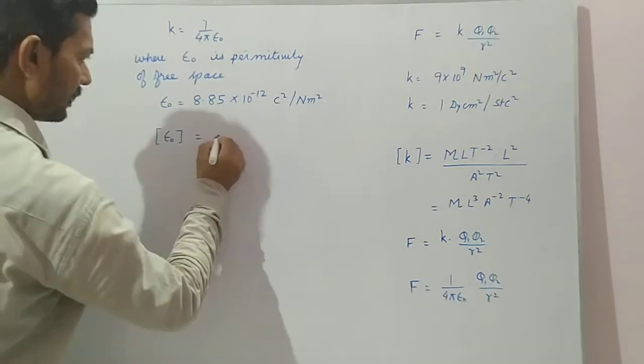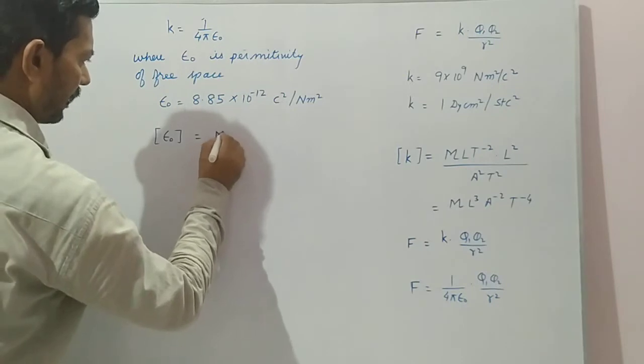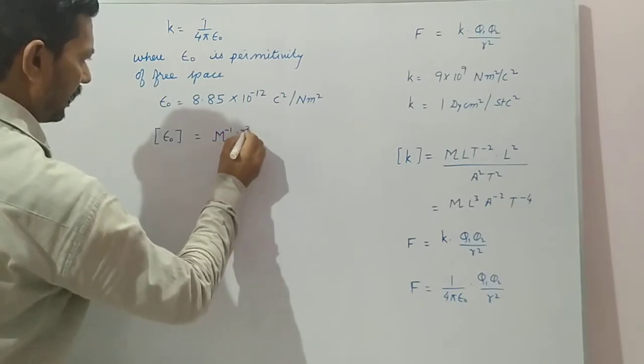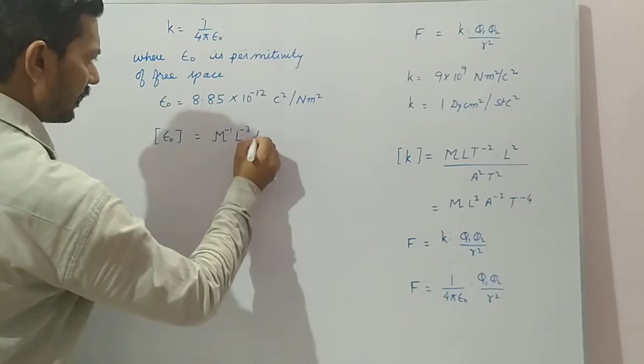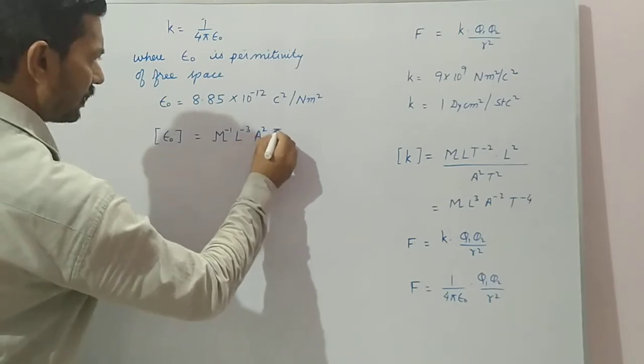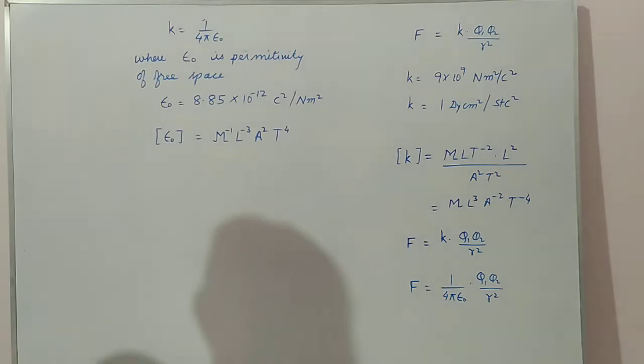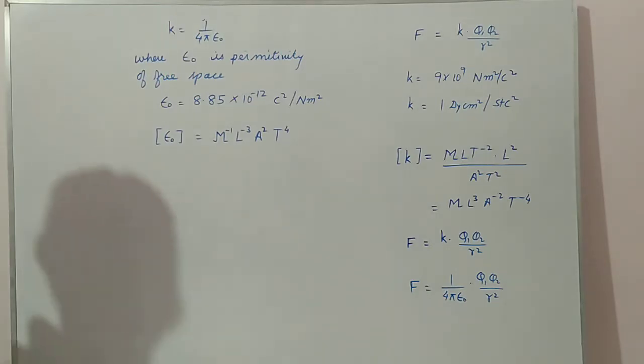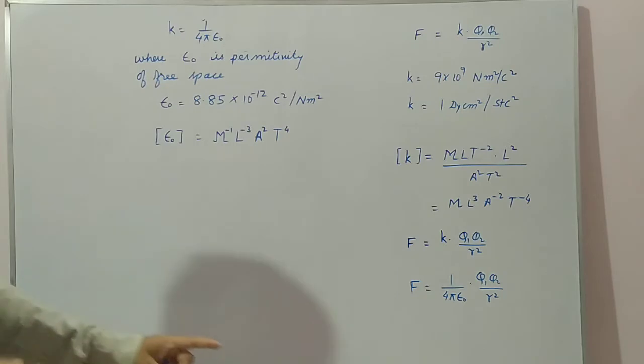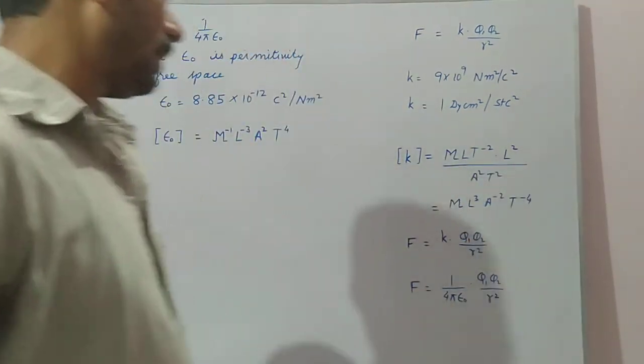So this is M minus 1 L minus 3 A2 T to the power 4. Okay. Next.